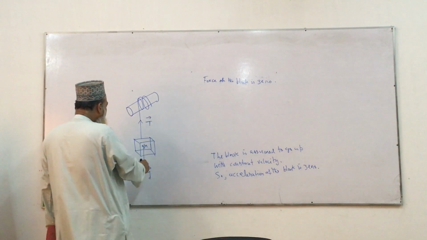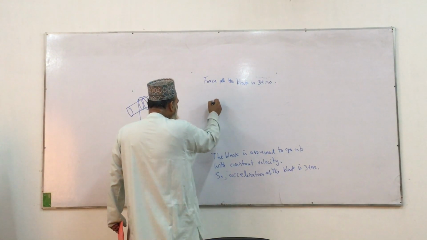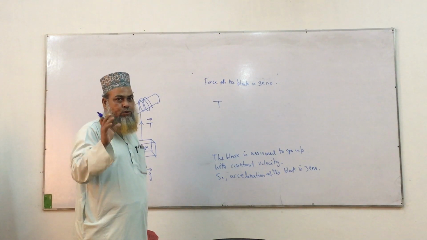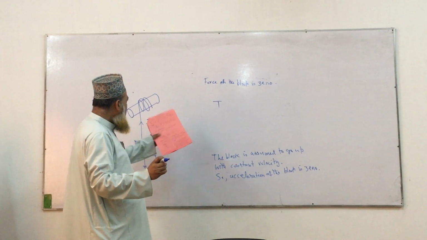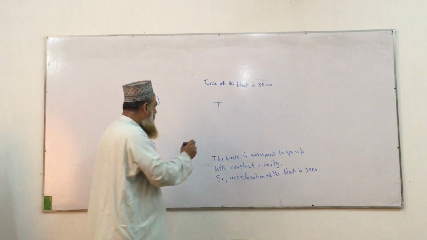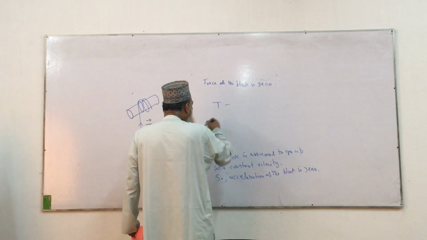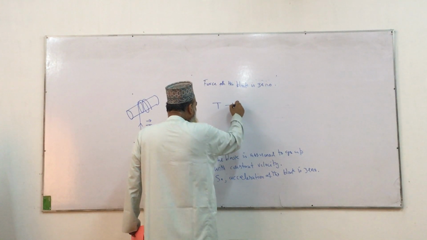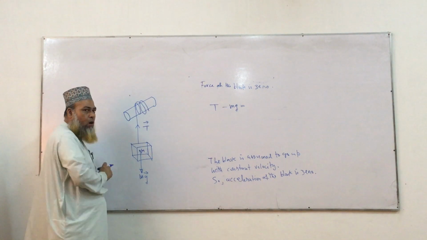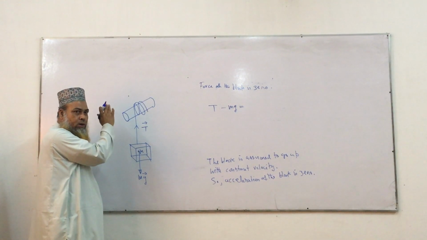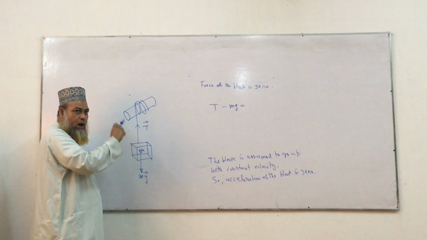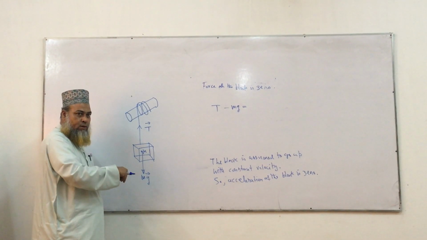So, what are the forces here? Upward T. I shall write only the magnitudes. Upward force is T. Downward force is mg, so for downward, I put the minus sign and write mg. These are the two forces acting on the block. The minus sign indicates that the mg force acts downward.